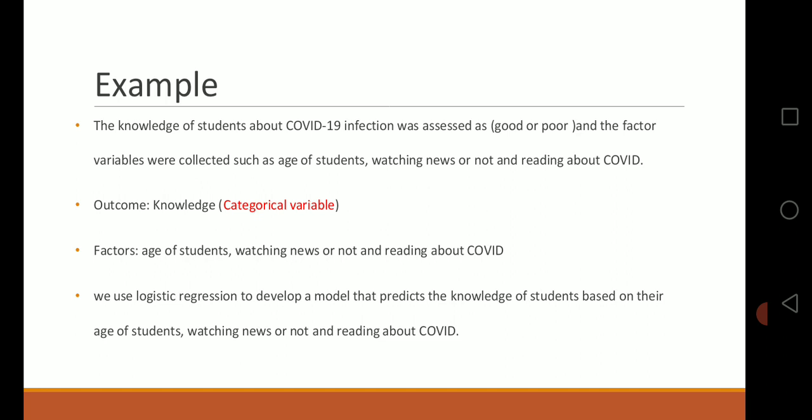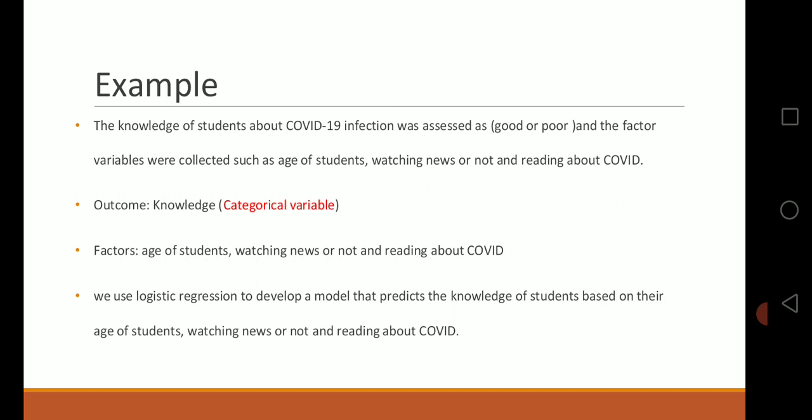Logistic regression is used when the outcome variable is a categorical variable. So this is the difference between logistic regression and linear regression. The difference is in the outcome variable. If it's continuous, this means it's a linear regression. If it's categorical, this means we use a logistic regression.